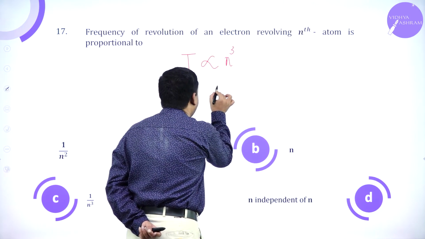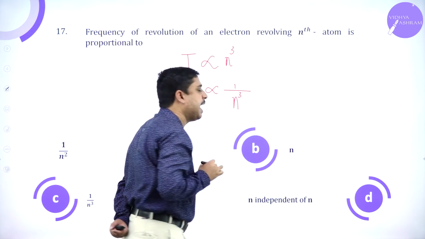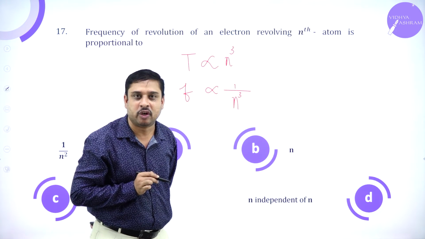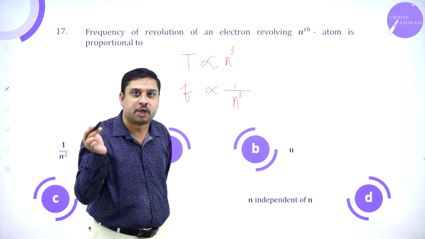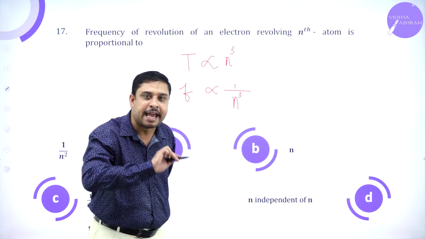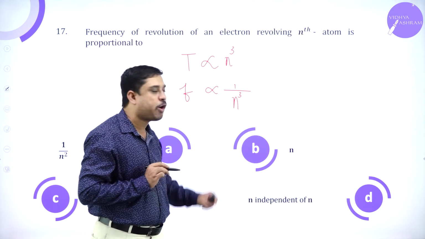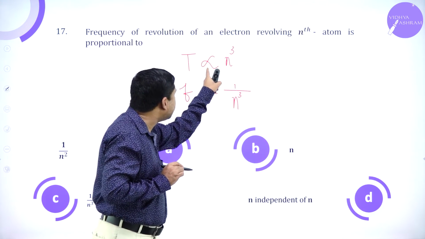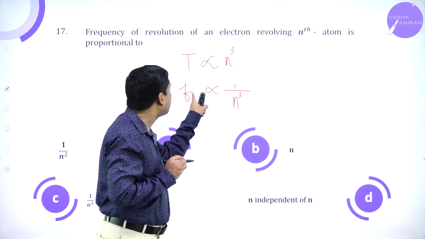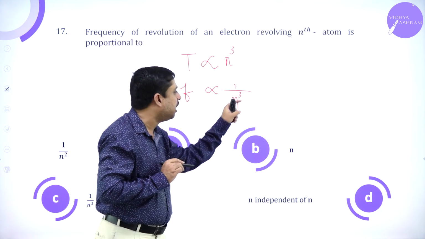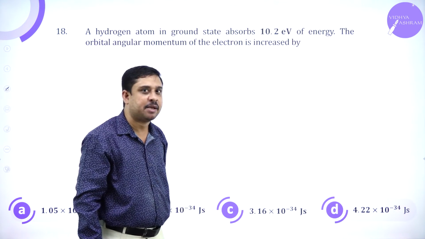So f has to be proportional to 1 by n cube. You should know how orbit number is proportional to radius, velocity proportional to orbit number, time period of revolution directly proportional to n cube, frequency proportional to 1 by n cube. Again, an interesting problem.